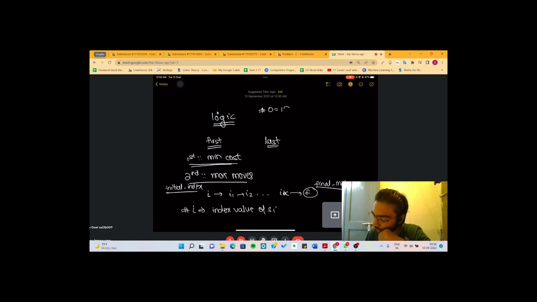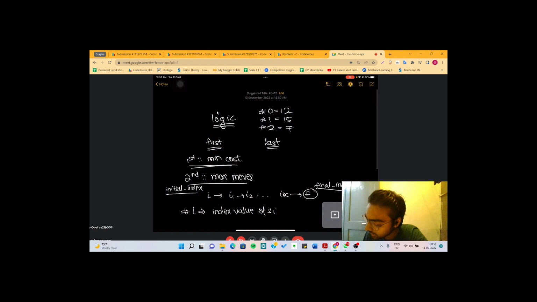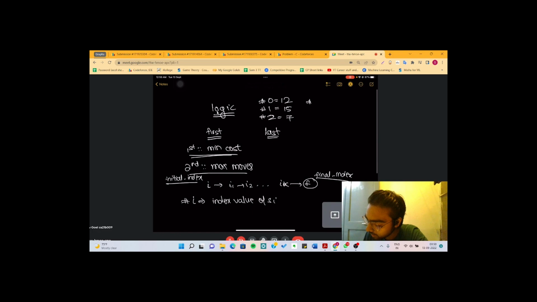So hash 0 is 12. Hash 1 is the position of O, which is 15. Hash 2 is the position of G, which is 7. Hash 3 is the position of I, which is 9, and hash 4 here will be 3. So this is what I mean by hash.